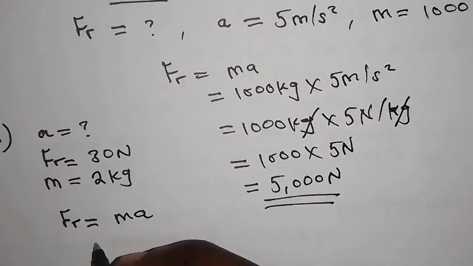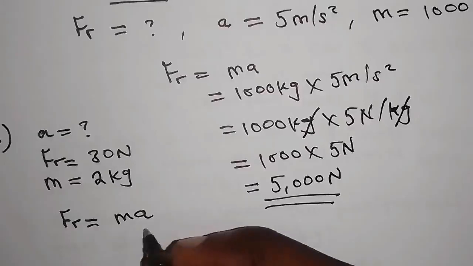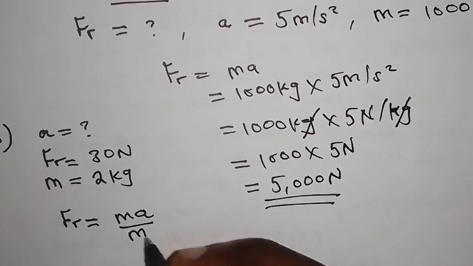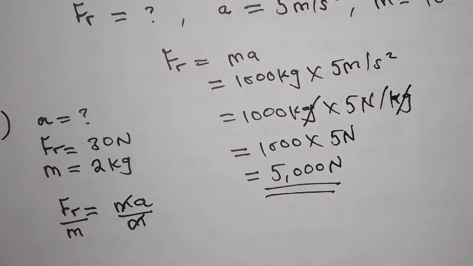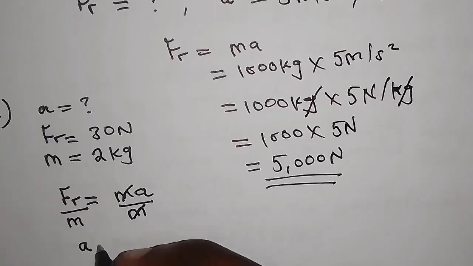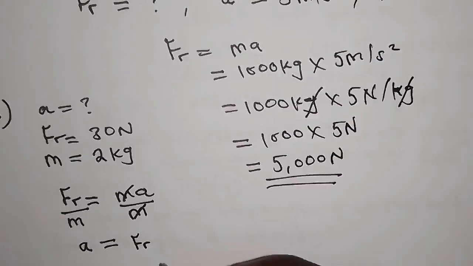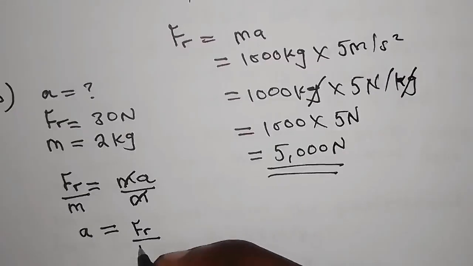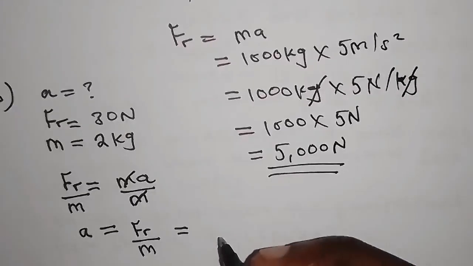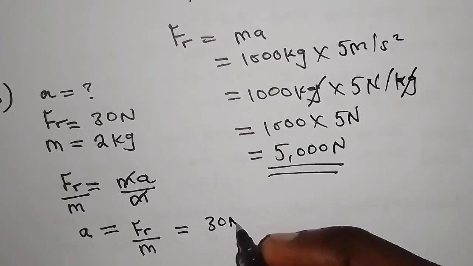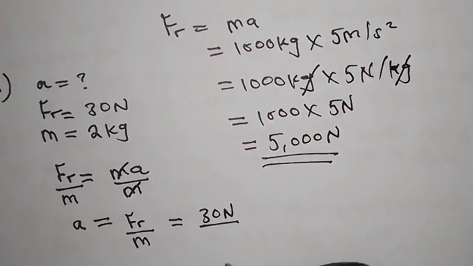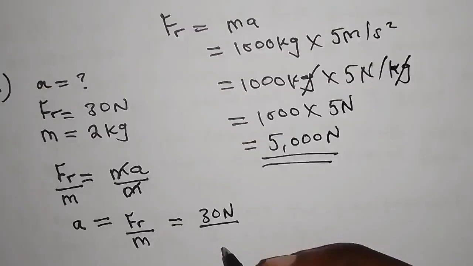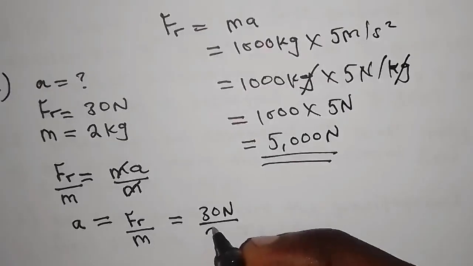Now we are looking for the acceleration, so we make A the subject and divide both sides by M. Meaning A is force resultant over M. The force resultant is 30 Newton divided by the mass, which is 2 kg.